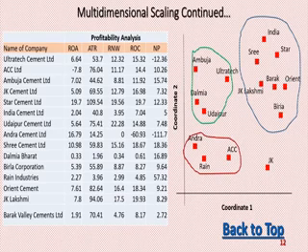It is nowhere near any of them, quite far away, so it is something different. This way we can take the help of multidimensional scaling, and we can find out how far JK is from ACC, how far JK is from Birla, and that JK and India are quite dissimilar. We are visualizing in a two-dimensional plane what is actually taking place in a five-dimensional space. So that is the concept of multidimensional scaling.